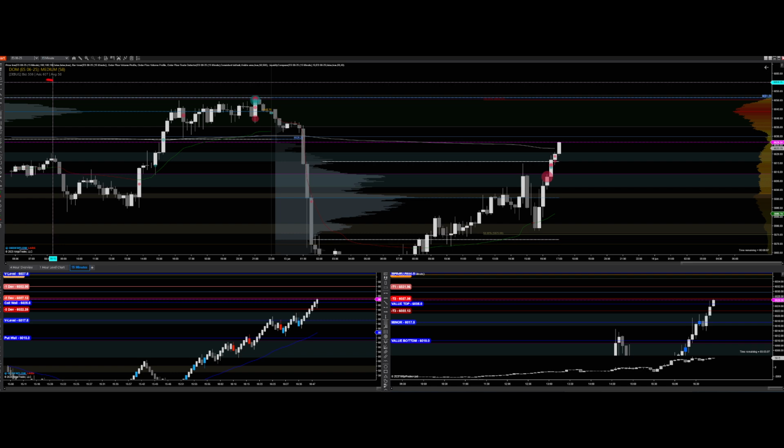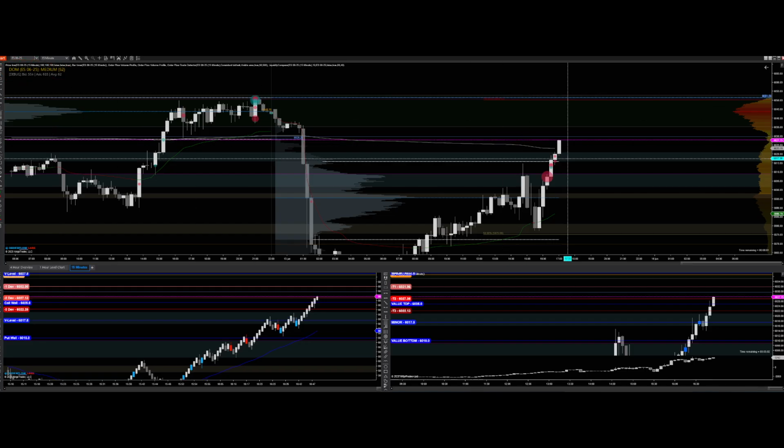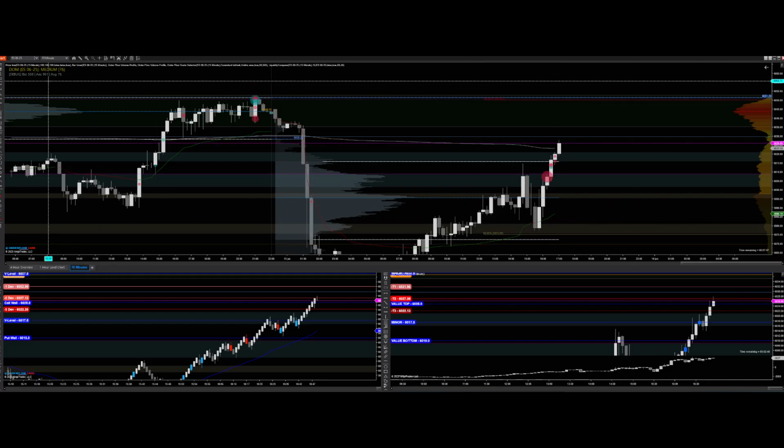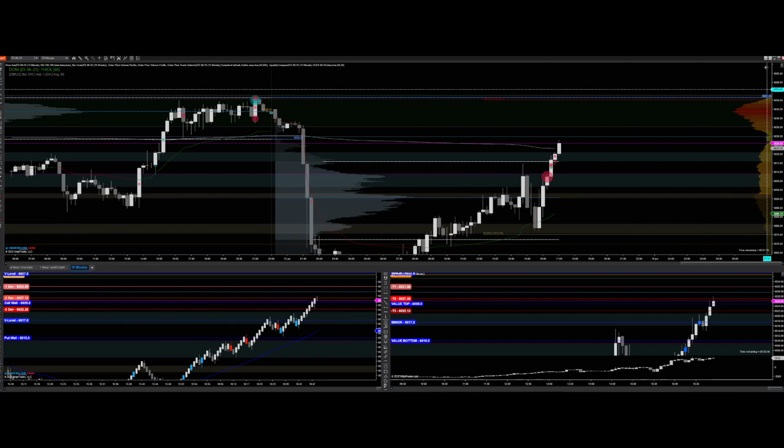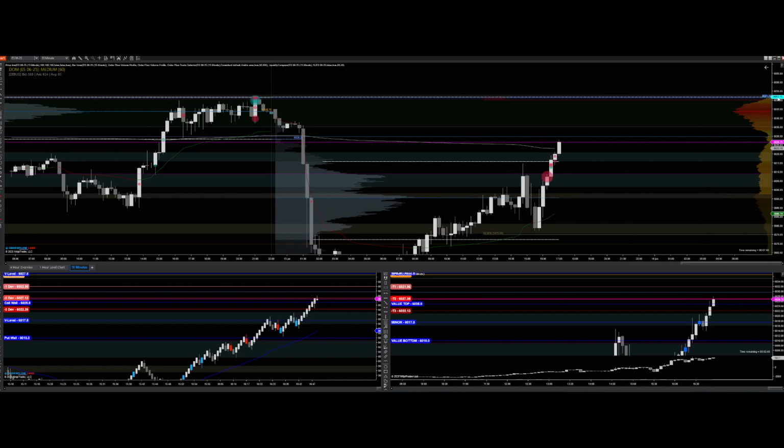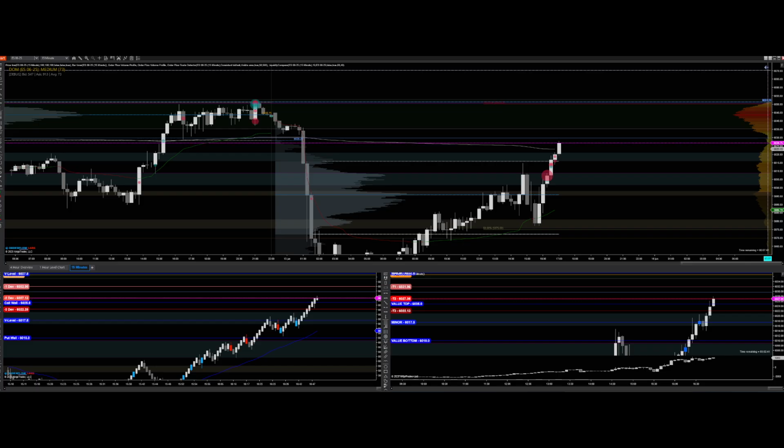This indicator, I will draw a circle around it, is made by our friend Corndog and is accessible for download in the trading tools channel. It's called the Liquidity Compass. I couldn't trade without it anymore. Thank you, Corndog, for making this. This is awesome. Yes, credit is due.